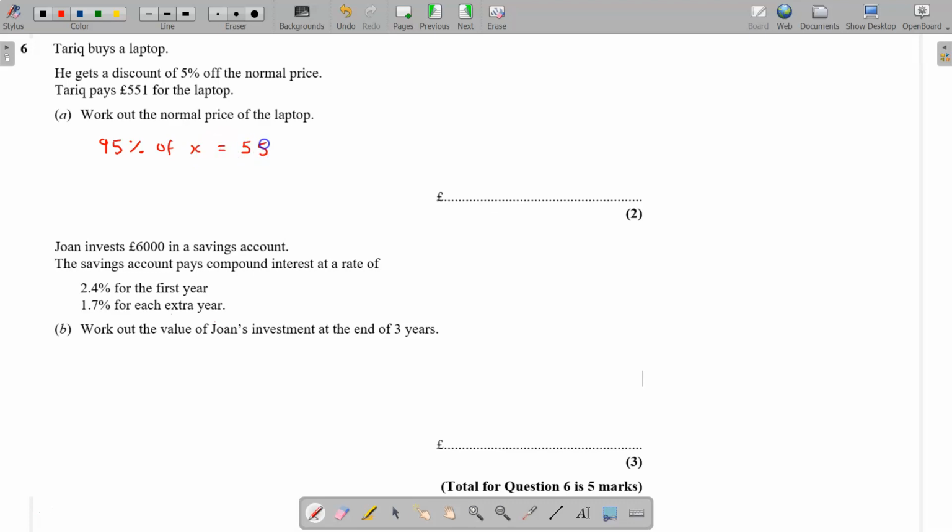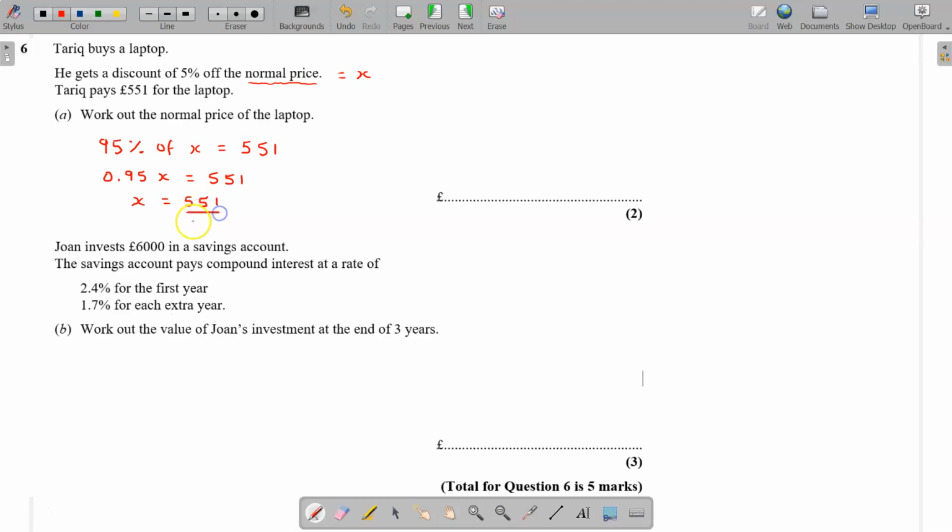Now you should define what x is, so I'm just going to call the normal price x. If that's true, then 95% is 0.95, so 0.95 times x equals 551, and therefore x is just a simple equation: 551 divided by 0.95.